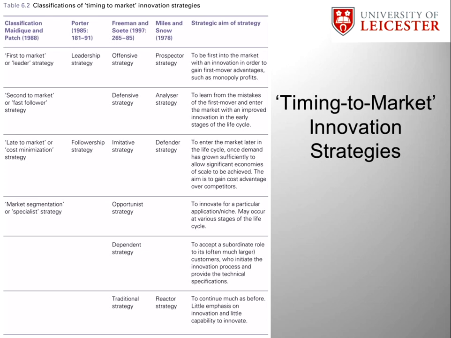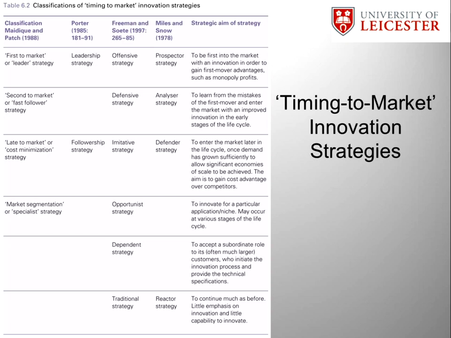So that's something that you might want to look at. One thing to consider when you're looking at timing to market strategies is not just what a company is doing, but what enables them to do it. Because it's not simply that a company can choose to be first to market. In the lecture I talked about what resources and what modes of organizing a company might need to allow it to be first to market or a late to market company.